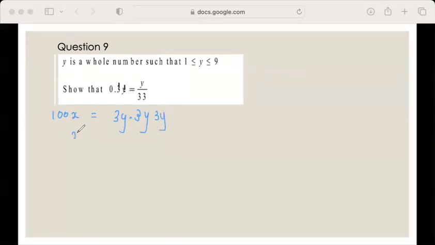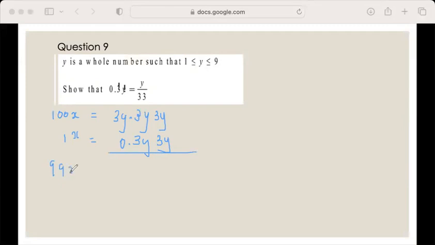Then 1x is equal to 0.3y, 3y, and so on. So 100x minus 1x is 99x.